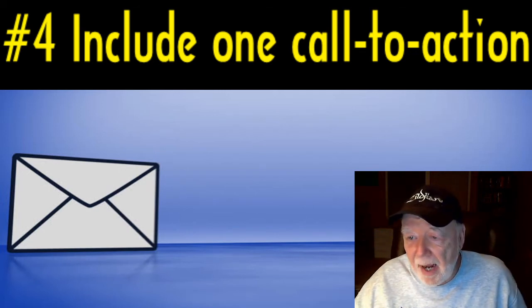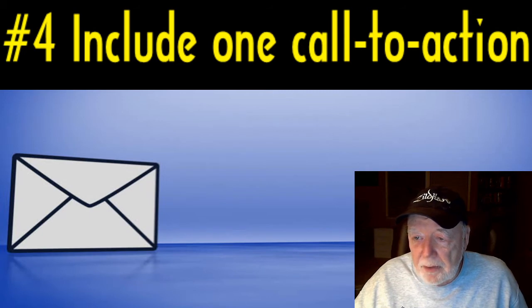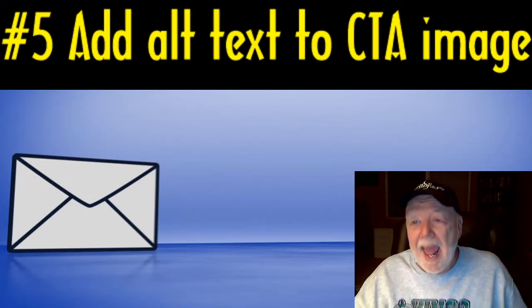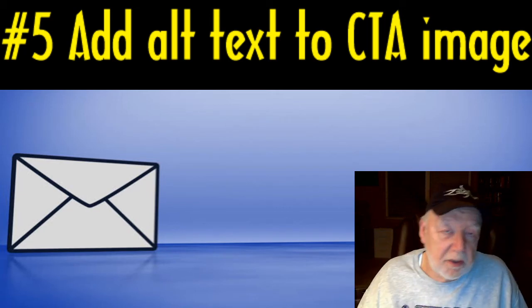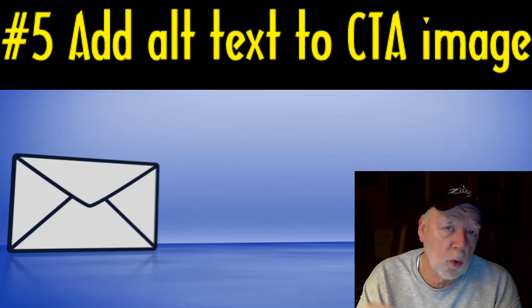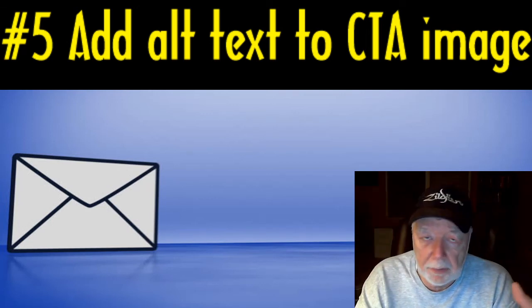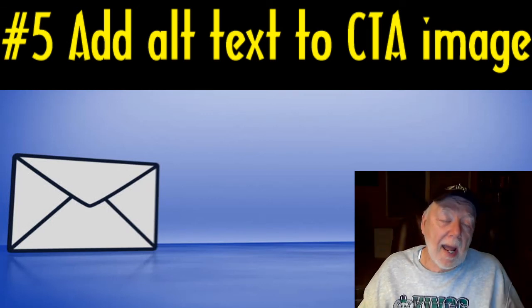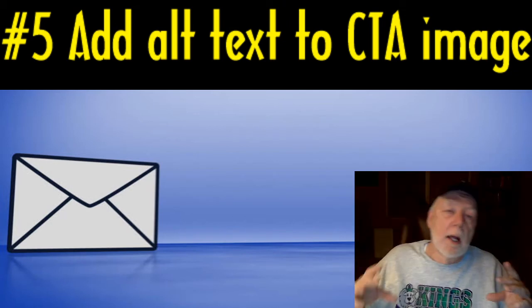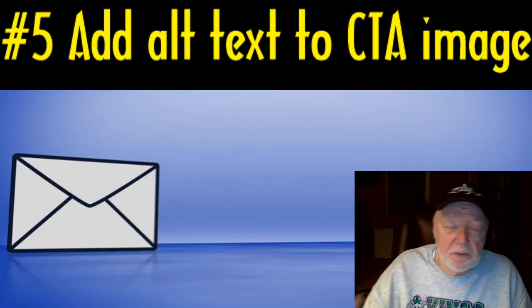And then number 5, this is great. Number 5 is a point that a lot of entrepreneurs overlook. Add an alt text to your CTA image. Like if you've got a button that says click here or sign up here or something along those lines, you want to have a clickable hyperlink, which is an alt text to the CTA image.